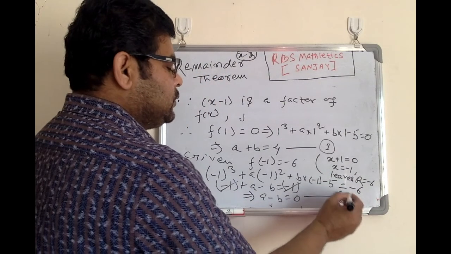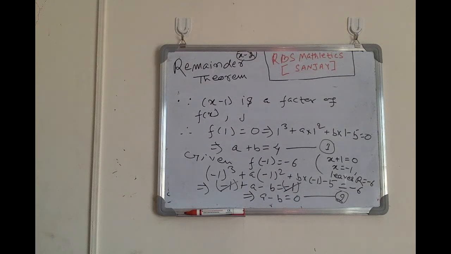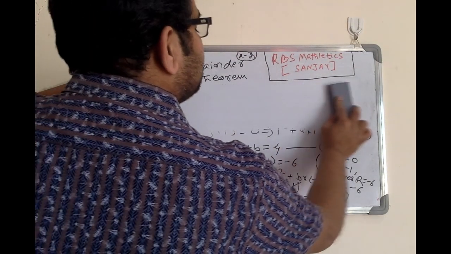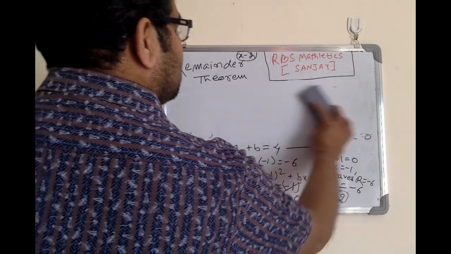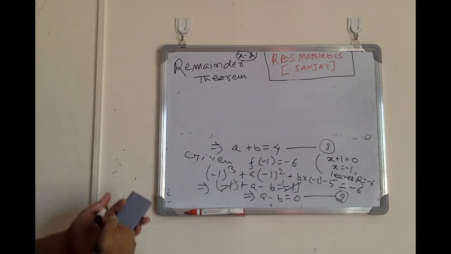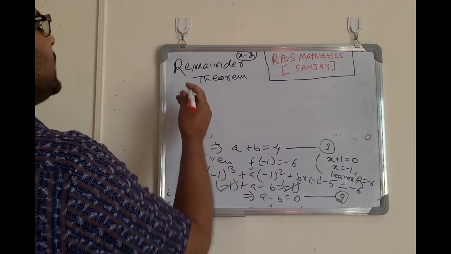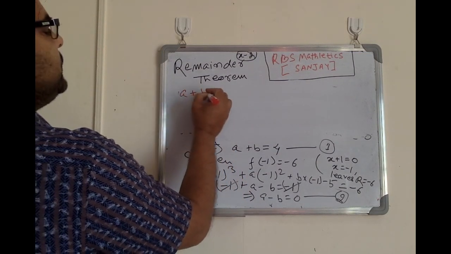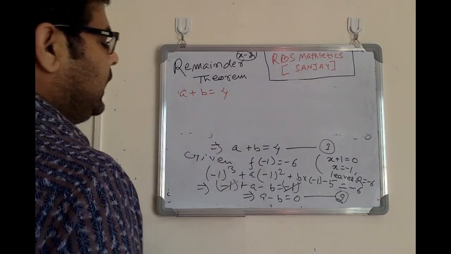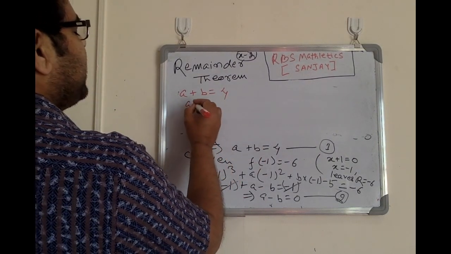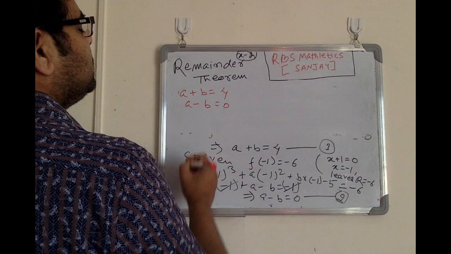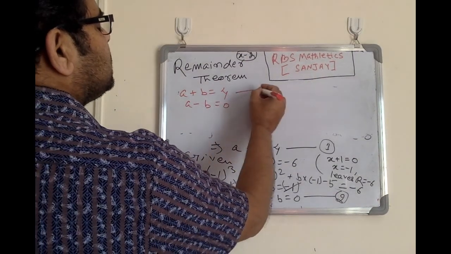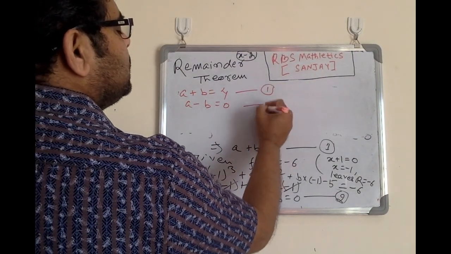Now it is our turn to solve these equations to get the values of a and b. We can solve these two equations, or by using a calculator we can easily solve them. So I'm going to write it again. Our equation 1 is a plus b equals 4, and a minus b is equal to 0. This is equation 1 and this is equation 2.